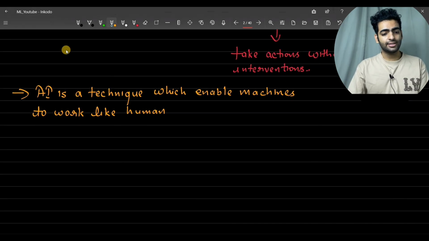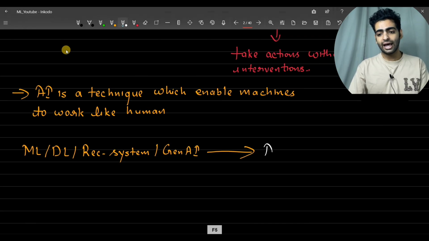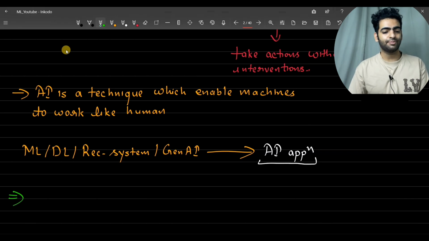So let's say, okay, the moment you learn machine learning, deep learning, recommendation system, or if you're building any Gen AI project or a product, at the end of the day you are building some AI application, right? Let's consider a simple example.